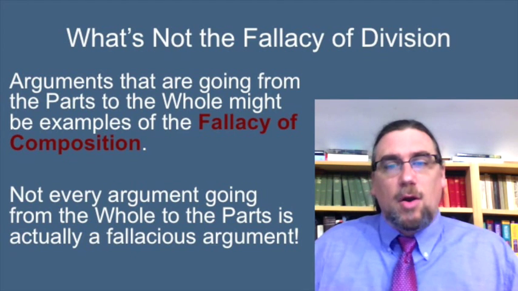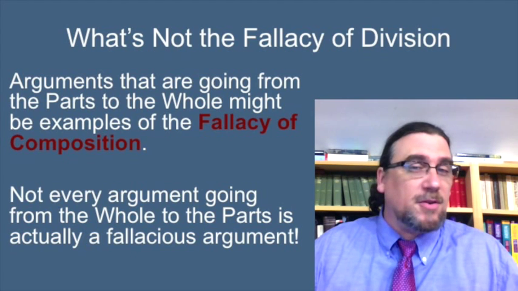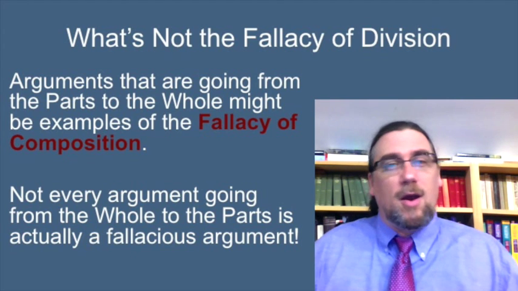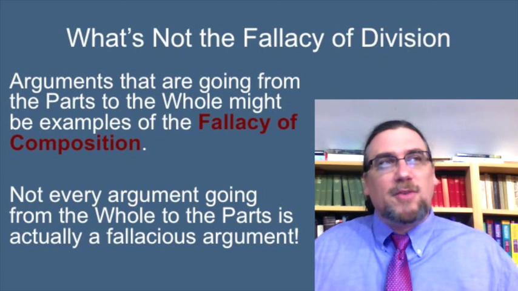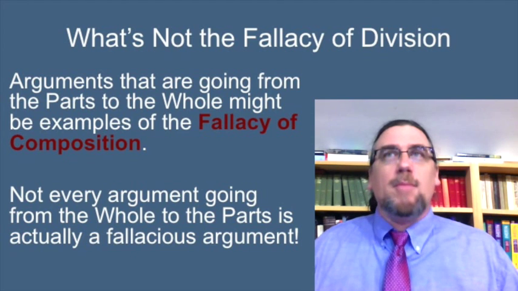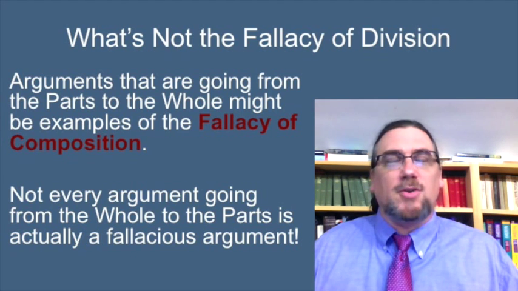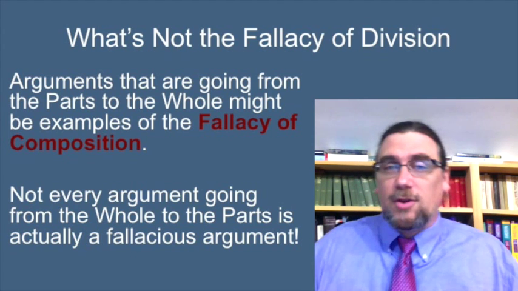Now, not every argument that's going from the whole to the parts is actually going to be a fallacious argument. You want to stay on guard once you've started to diagnose fallacies and identify them. You want to stay on guard from the tendency to see them everywhere. There are many cases where we can, in fact, generalize from what we know about a whole down to its constituent parts.